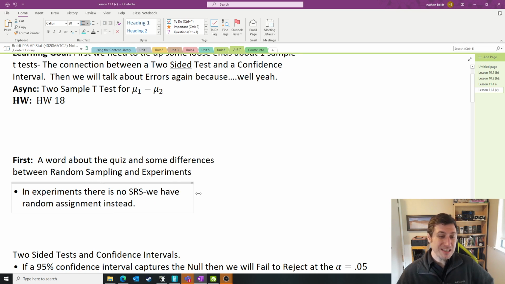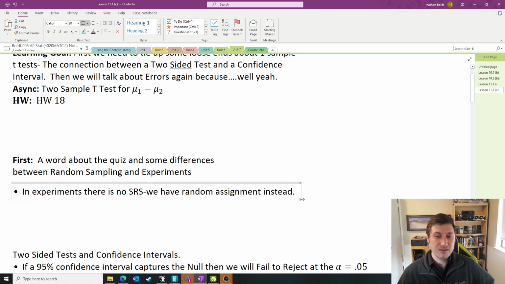This one was the more important one that I wanted to see. You needed to mention it was random assignment, not a simple random sample. We don't have independent random samples in this case. We have random assignment instead.